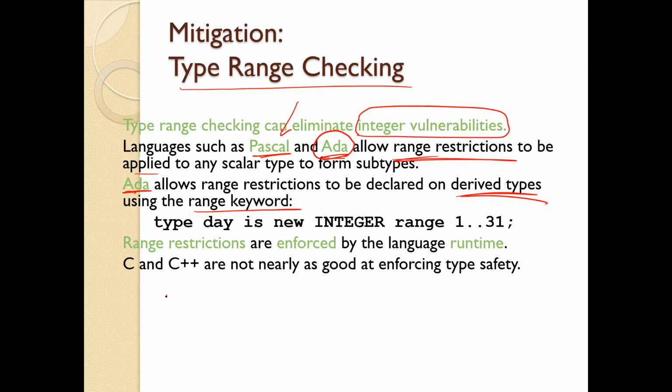Okay, so you can see the example is in the syntax of Ada, you do type and then day, right? So you're going to declare a data type, so that when you declare other variables, they get declared with the type day. You're going to say type day is new integer, right, as you can see there.